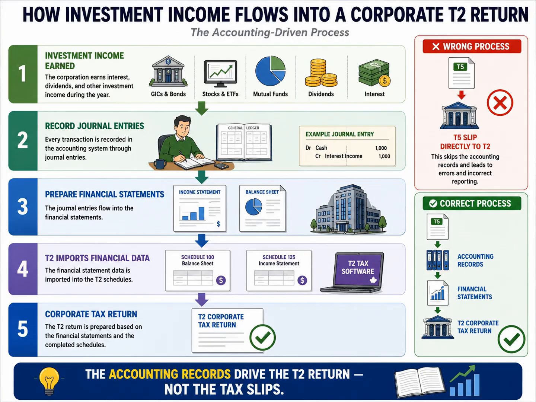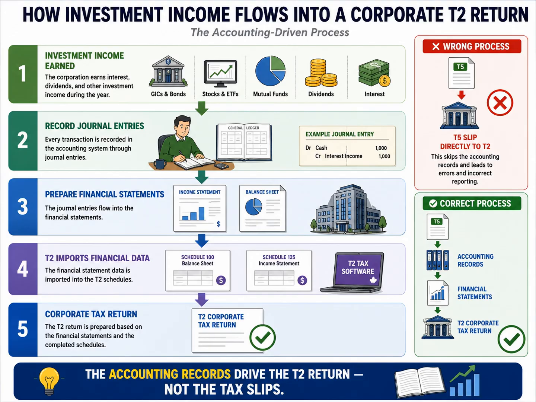The process begins when the corporation earns investment income. This income may come from GICs, bonds, stocks, ETFs, mutual funds, dividends, or interest-bearing investments. At this stage, the corporation has earned income, but nothing has yet been reported for tax purposes.